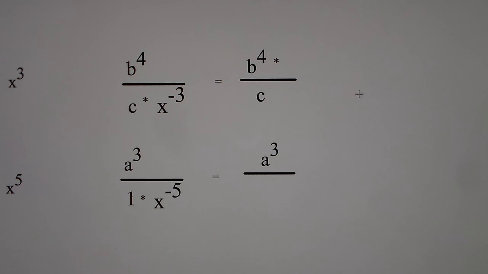Now the reverse also does the same thing. So let's say we have a negative power in our denominator, in the bottom of our fraction, like we do here. We have b to the fourth divided by c times x to the negative 3. We've got to get rid of this x to the negative 3. We've got to move it to the numerator to change that negative 3 to a positive 3. So that's what we do.